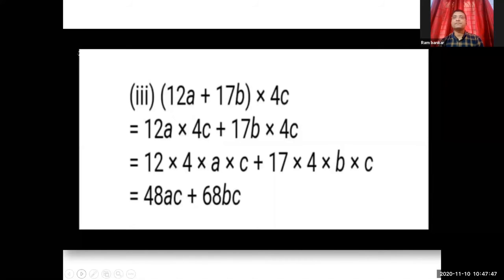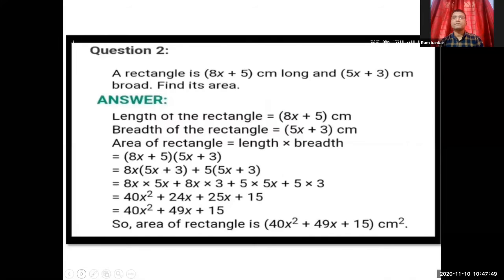Look at the next slide. This is the equation written in a word problem. Now we have to solve word problems also. Question number 2 of practice set 35. A rectangle is 8x plus 5 centimeter long and 5x plus 3 centimeter broad.